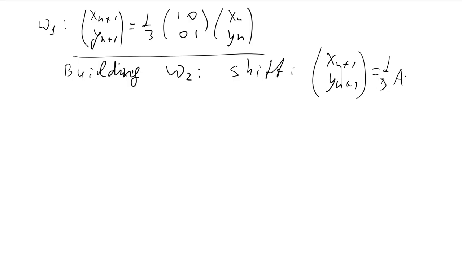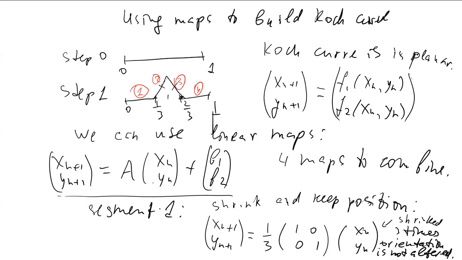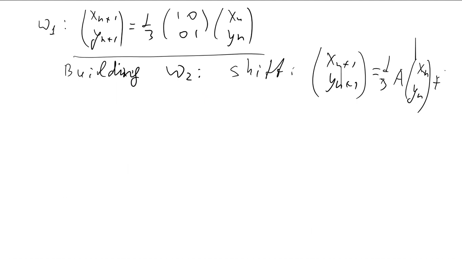Rotation, some kind of matrix A, xn, yn, plus the shift along the x coordinate, this is x, this is y. So there is no shift along vertical and a shift by 1/3 along horizontal.